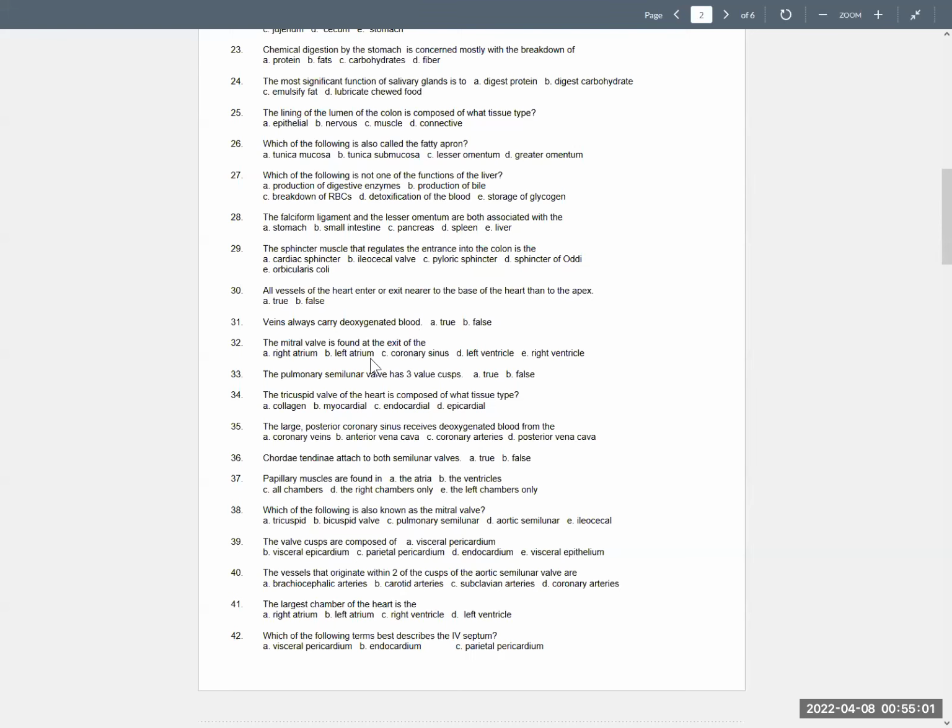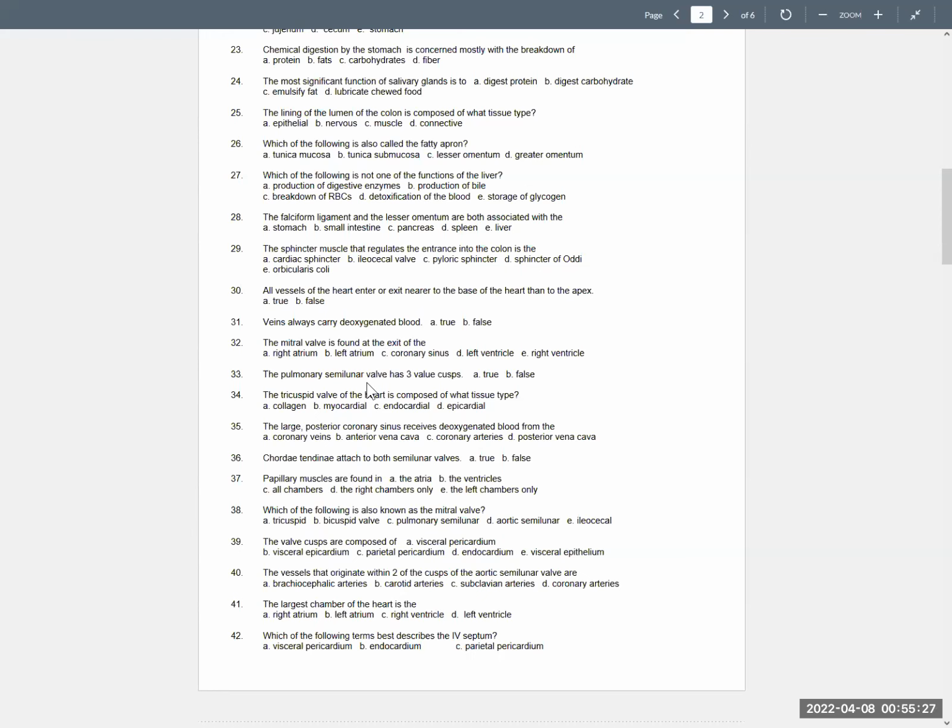The mitral valve is found at the exit of what? Left atrium. Left atrium is the answer. Now, if you can't envision what the heart looks like or the diagram, you'll have trouble with these. But I'm sure, since we've talked about it, you won't have that problem.